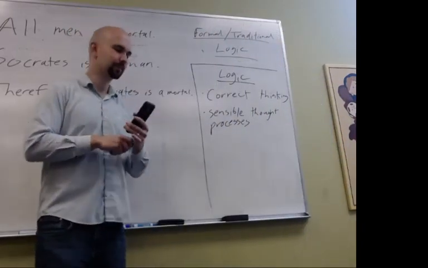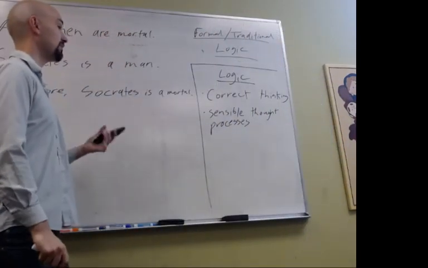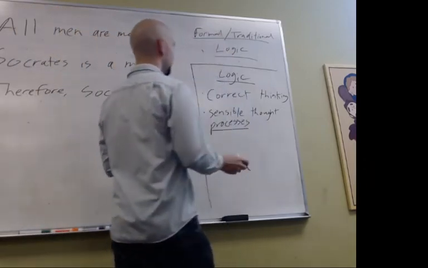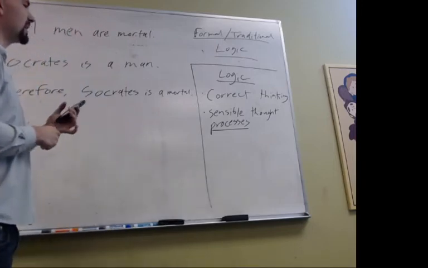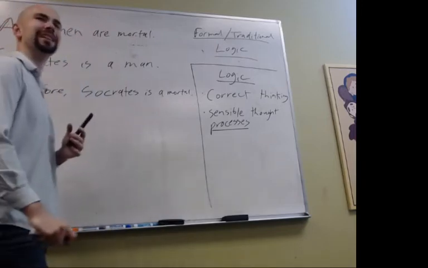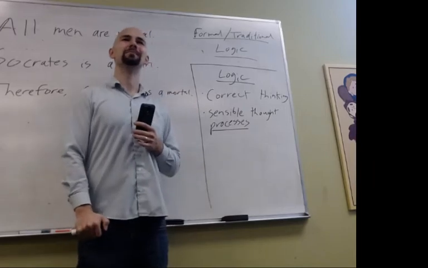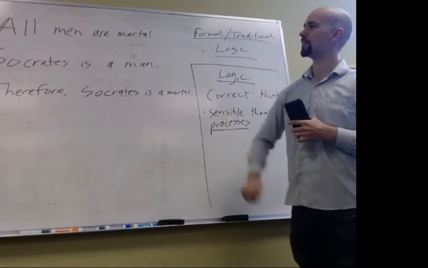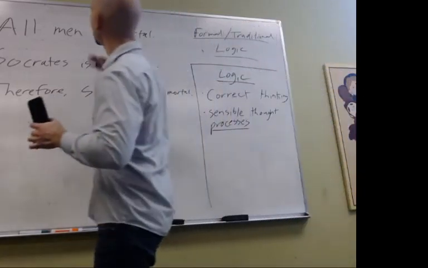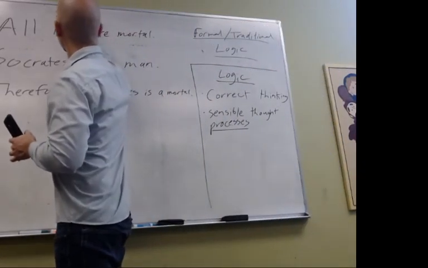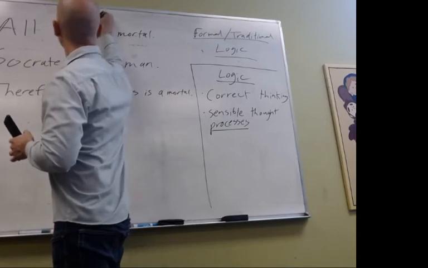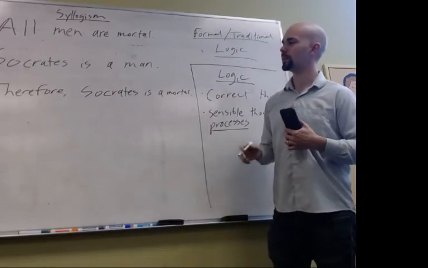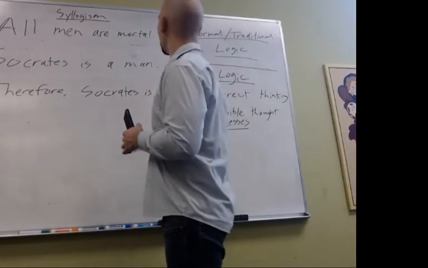One of the things about logic, the type of logic we're doing, actually I like that you have processes and correct thinking as well. Basically it's a process, a method of thinking that we're really going to be studying. So for example, right here, this is called a syllogism. A syllogism is 3 logically arranged propositions.